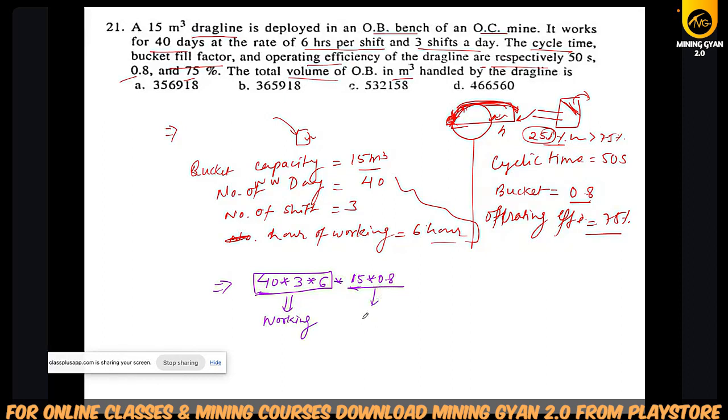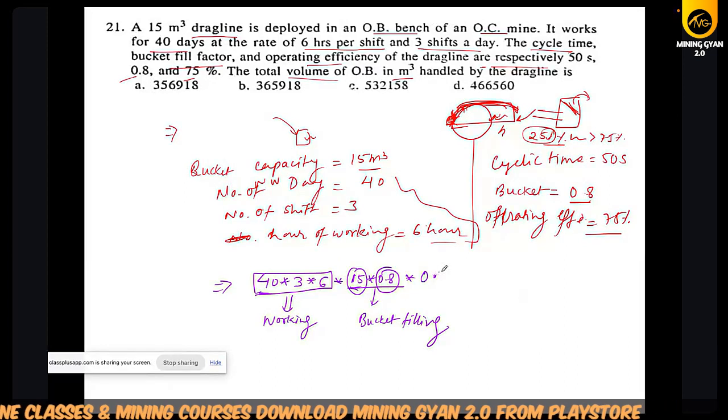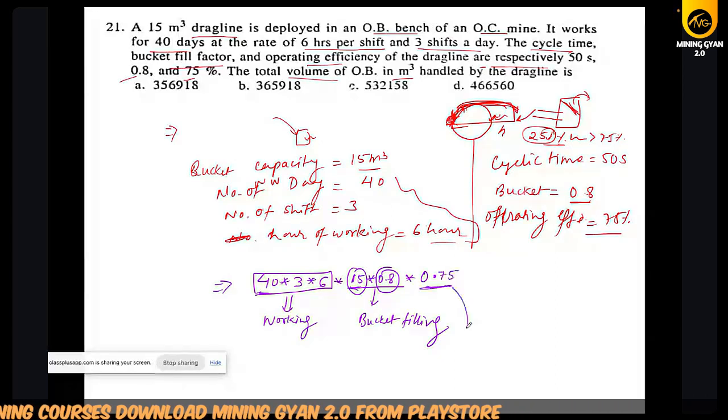Now the bucket capacity multiplied with the filling factor you have written. If you have written all the information, then you will multiply with the efficiency, which is 0.75. It is efficiency.